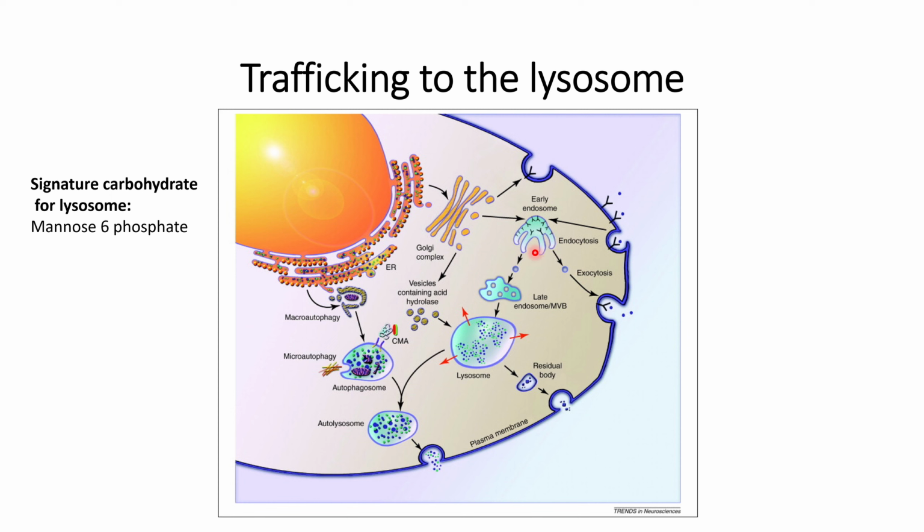The mannose 6 phosphate receptor will then move back to the cytosol of the cells, where it will retrieve more proteins. So this is how the proteins move to the early endosomes and lysosomes.